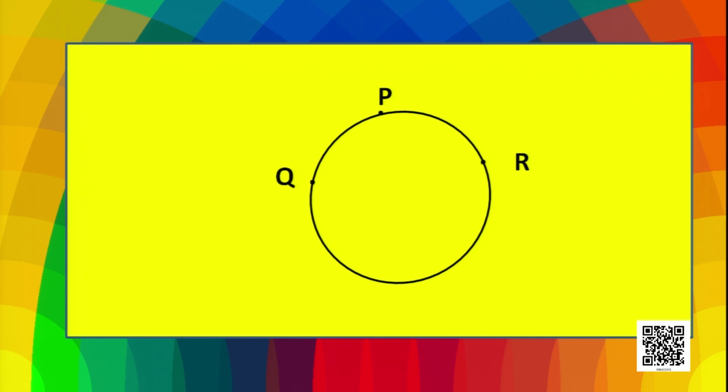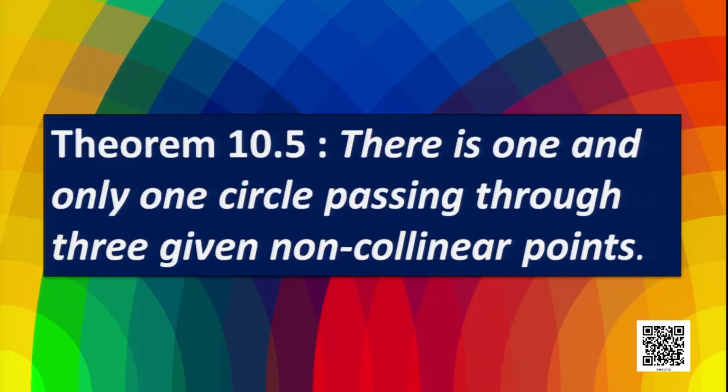So what is the answer? The answer is stated by this theorem. The theorem states that there is one and only one circle passing through 3 given non-collinear points. This is the answer. But how to prove it logically?